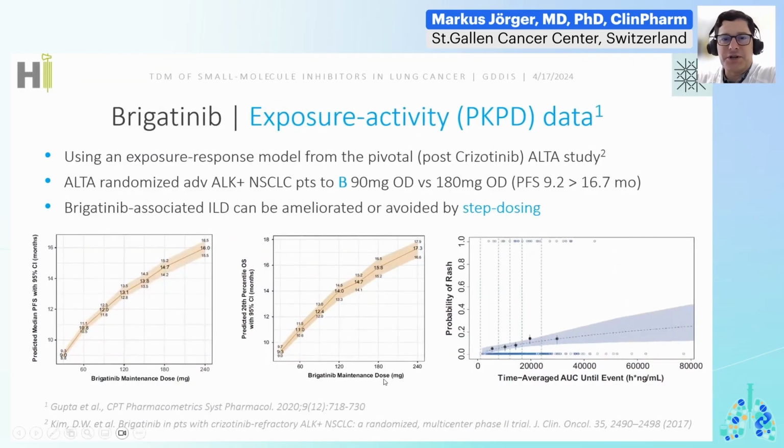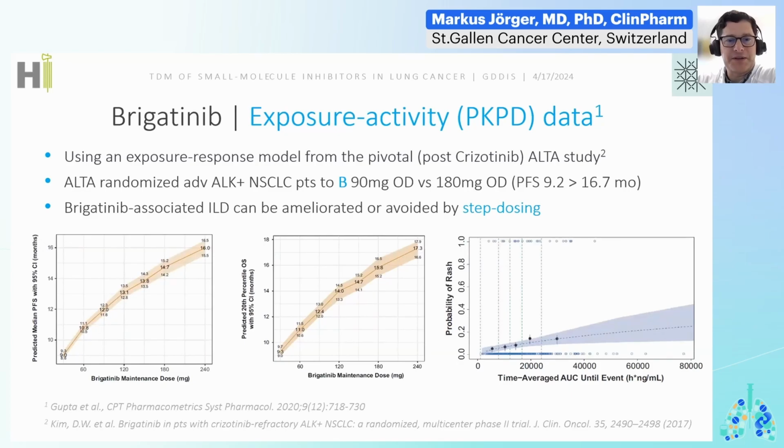Now, very shortly, some data on brigatinib. There we have also positive exposure activity data. This was first shown in data from a pivotal clinical trial, the ALTA trial, that used 2 doses of brigatinib in patients relapsing on crizotinib.